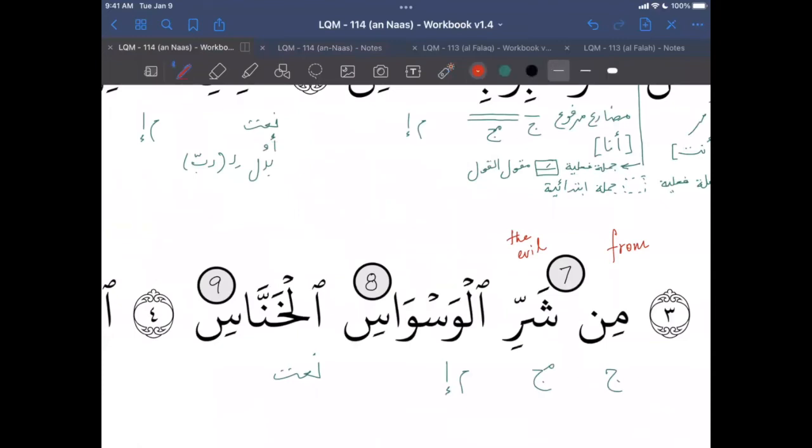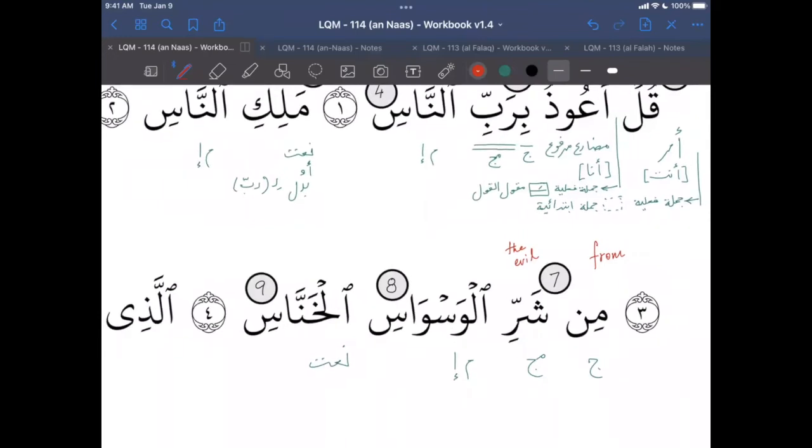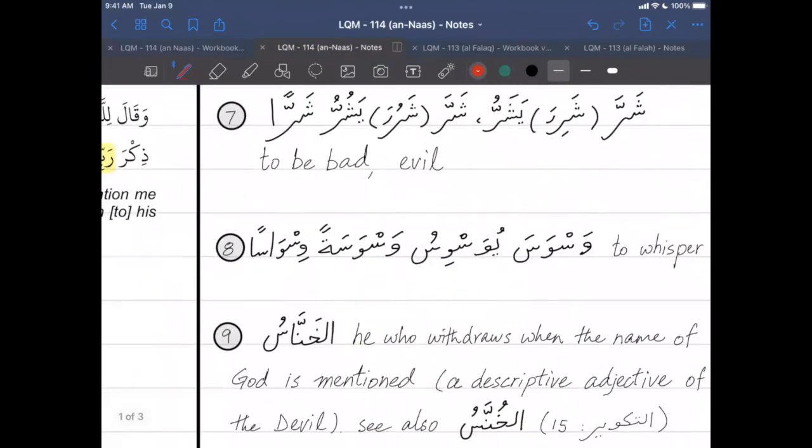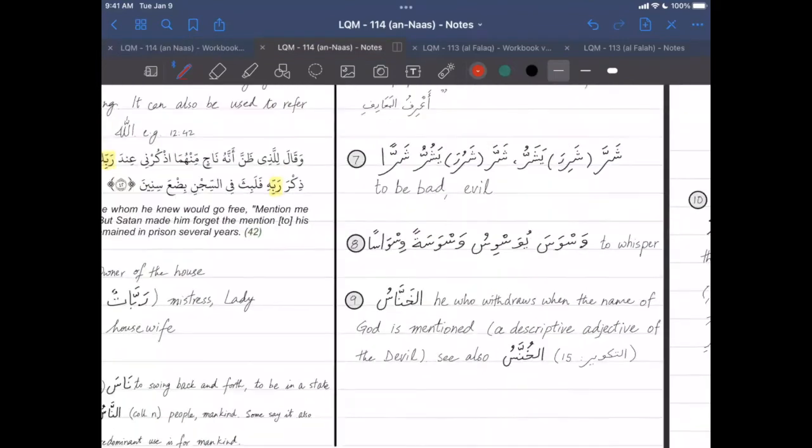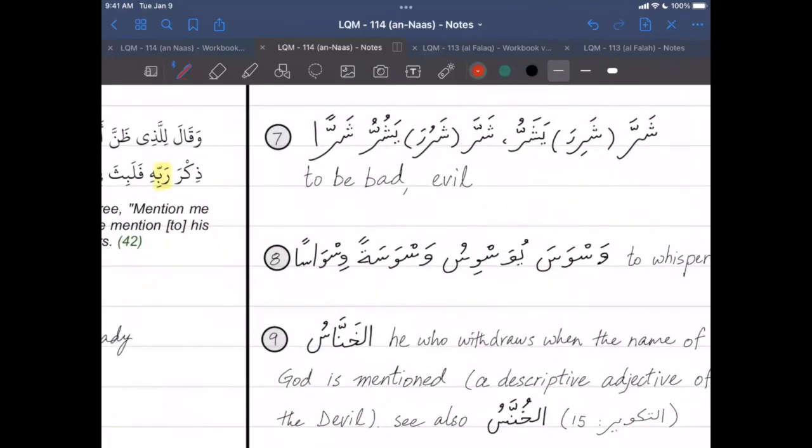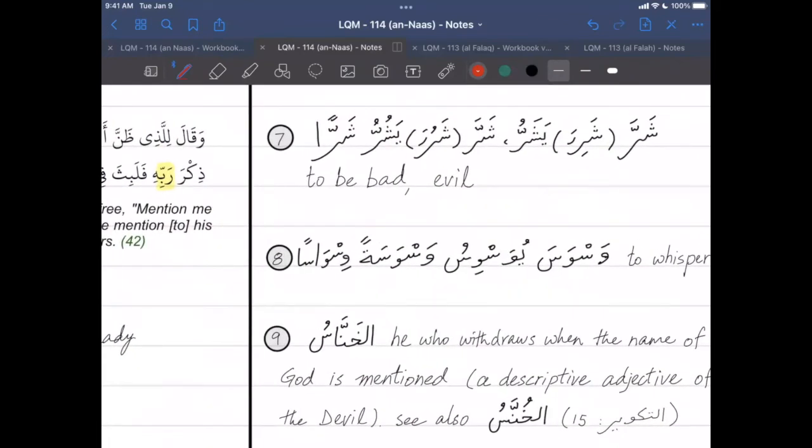From the evil of the... I think I wanted to bring up the meaning for waswas. I guess I forgot to mention here, but I will mention it here.